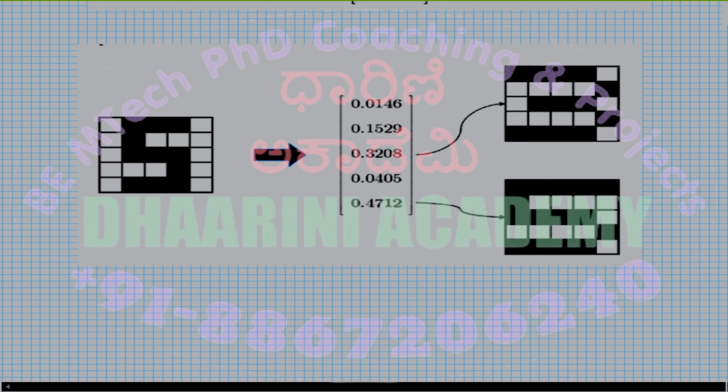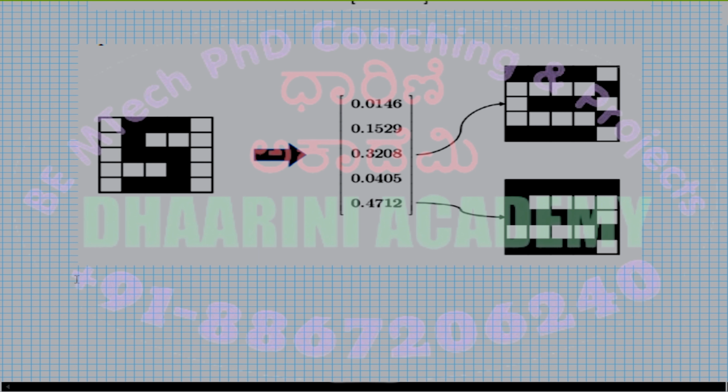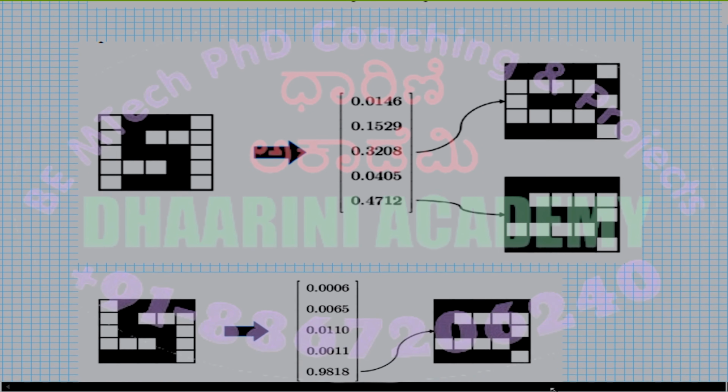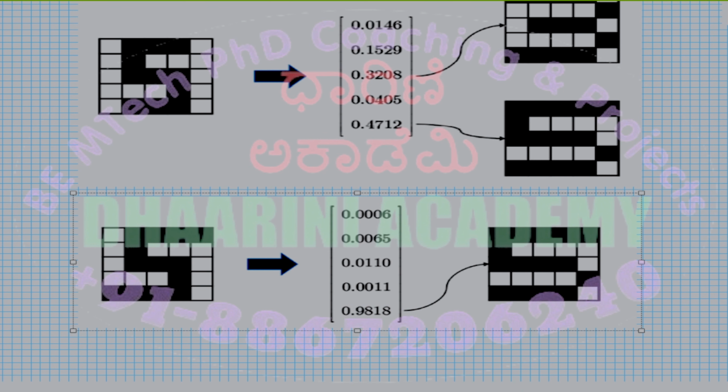So the fifth one was also pretty much closer to 5, but not exactly 5. And this is how it was looking. Okay, so this is the fifth image, and we saw that this is getting classified into 5 with 98% confidence, right?